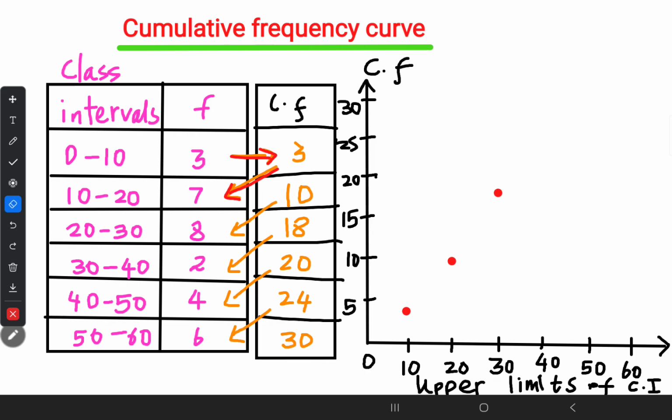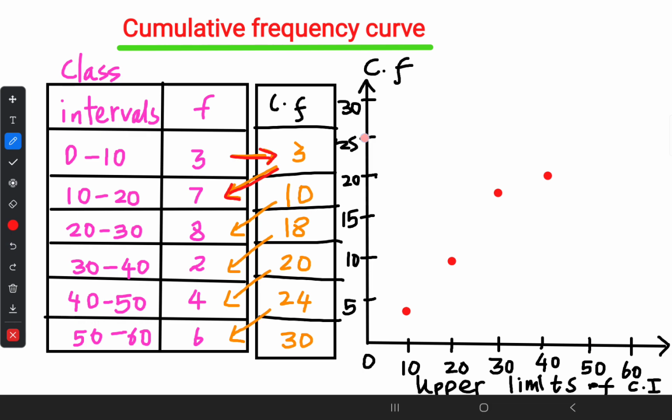Okay. Thereafter, the next one would be 40 and 20, directly here. Then 50 and 24. The upper class limit and its corresponding cumulative frequency, it is 24.